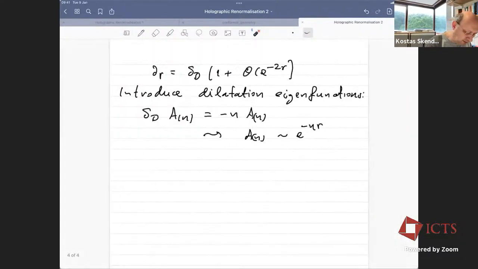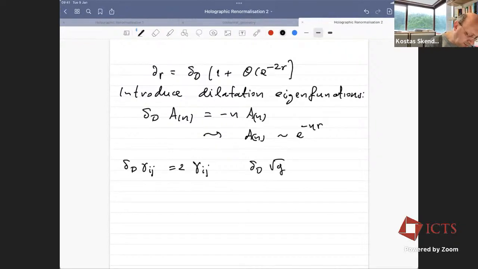So we already know the dilatation of the metric is 2 times gamma_ij, and then this means that the variation of the square root of the metric is also 2 times, sorry, this should be gamma.